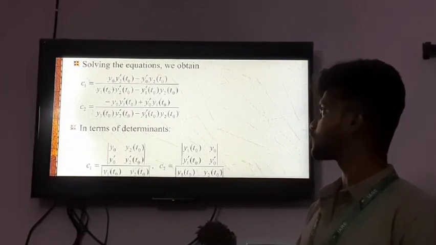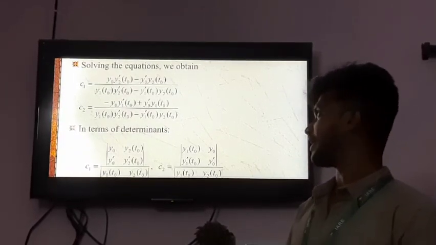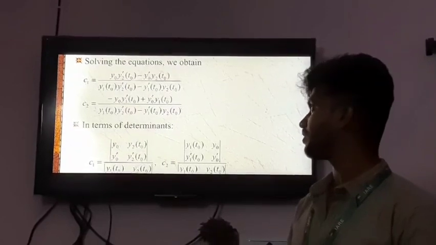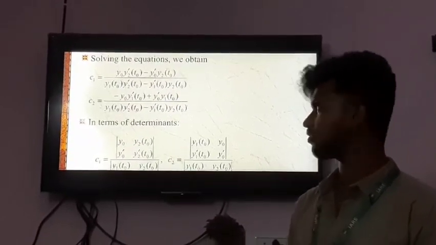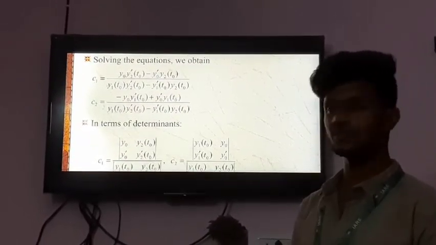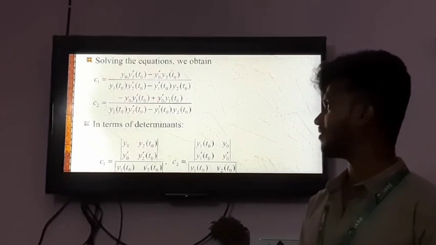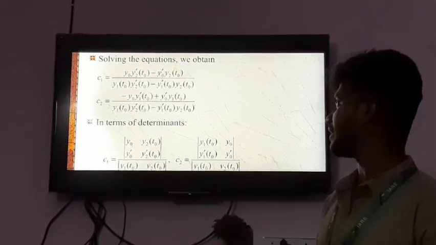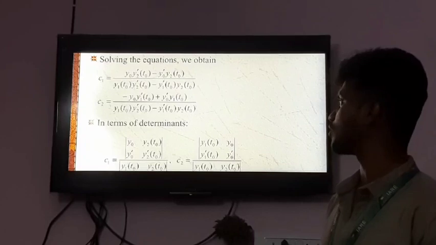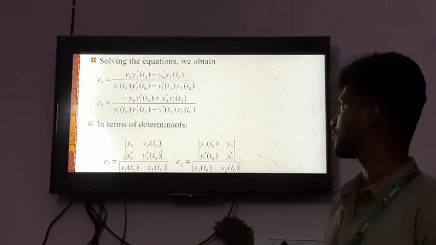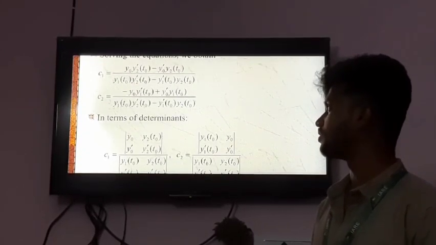Then c2 equals minus y naught y1 dash of t naught plus y dash naught y1 of t naught, divided by y1 of t naught into y2 dash of t naught minus y1 dash of t naught into y2 of t naught.